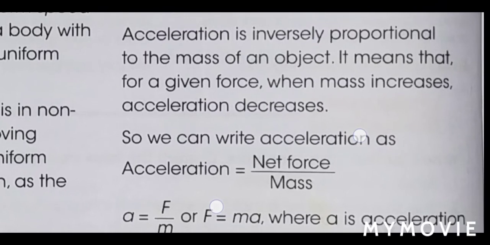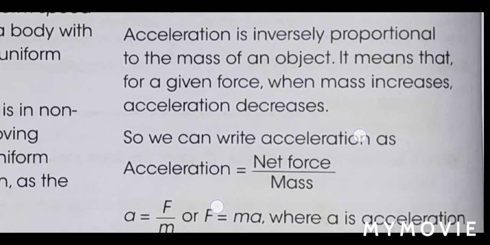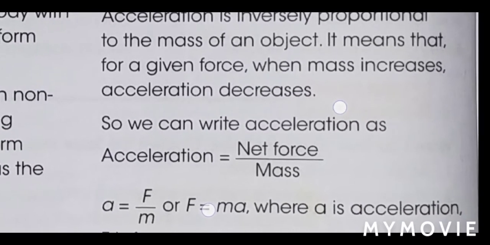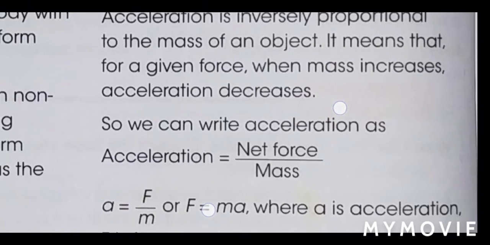Here it is given that acceleration is inversely proportional to the mass of an object. That means if the mass increases, the acceleration decreases, or when the mass decreases, the acceleration increases. That is the meaning of inversely proportional.